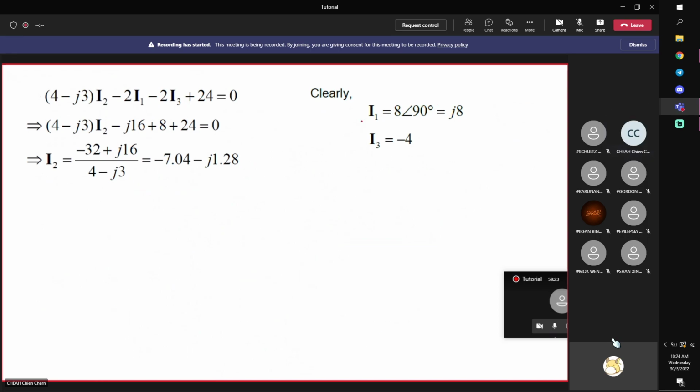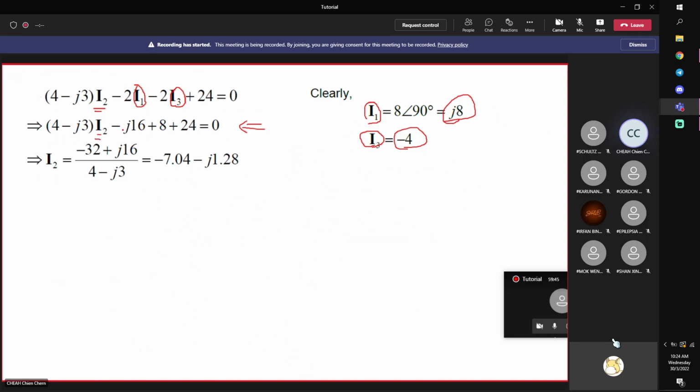Substitute I1 by j8. Substitute I3 by negative 4. And then you get the next equation. Then there's only I2.